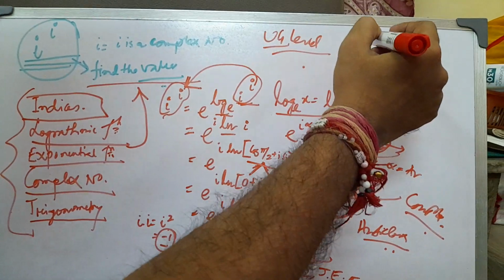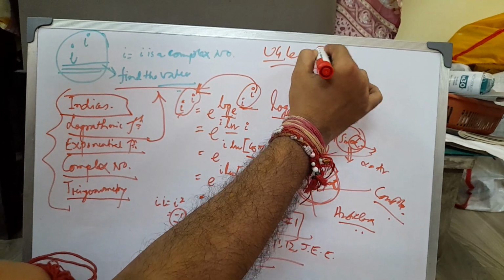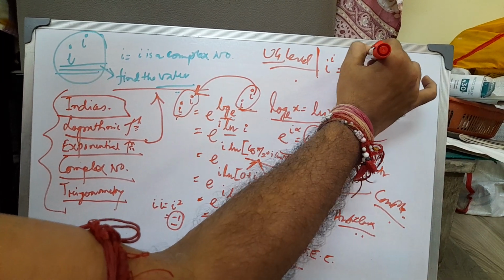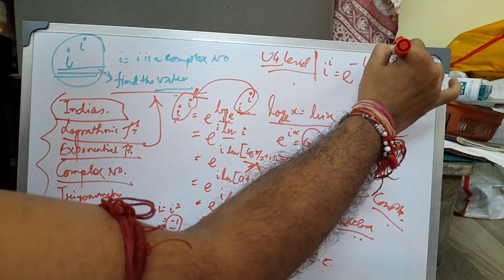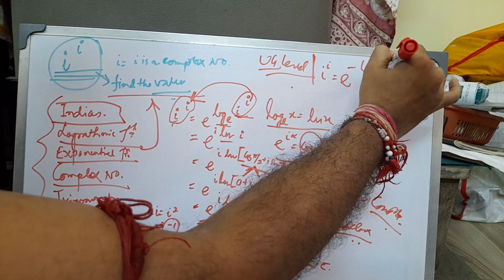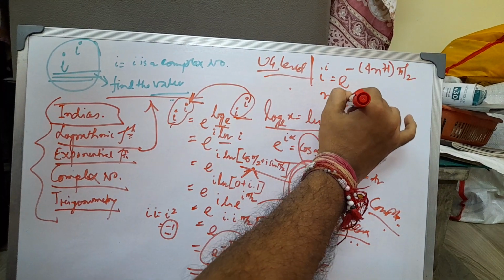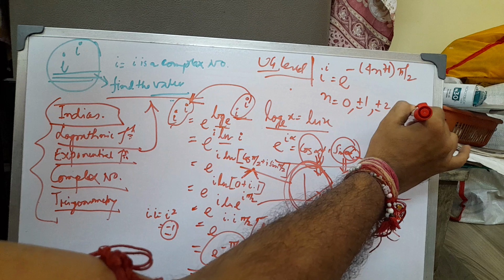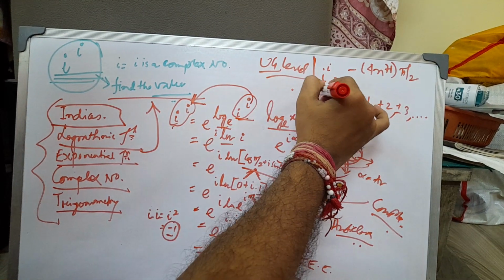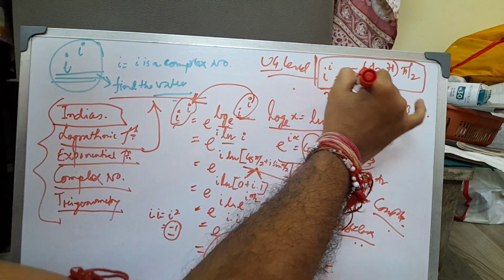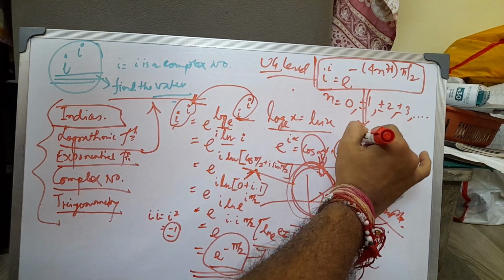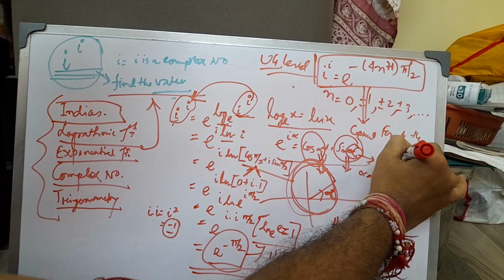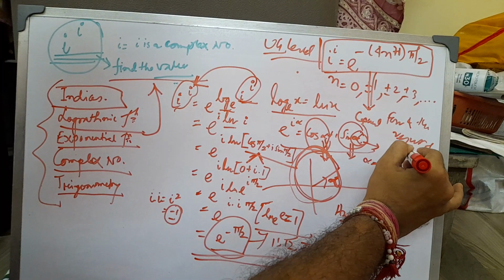I am not going into the details, but the value of i to the power i is e to the power minus (4n plus 1) into pi by 2, where n is equal to 0, plus or minus 1, plus or minus 2, plus or minus 3, and so on. That is the general form and the result of i to the power i.